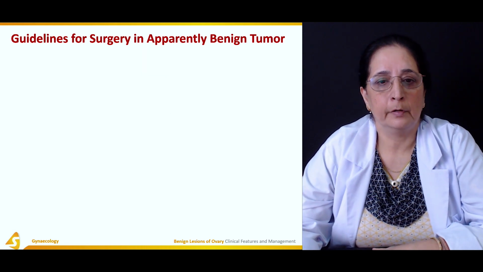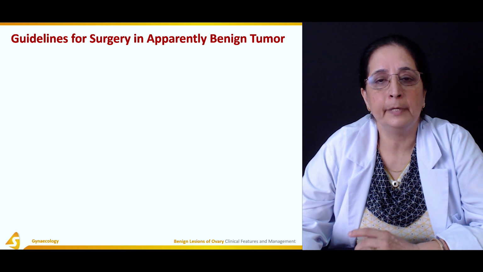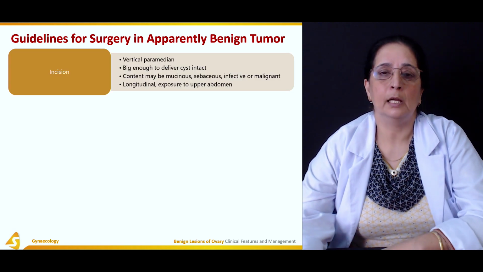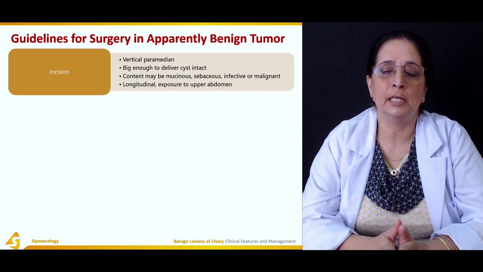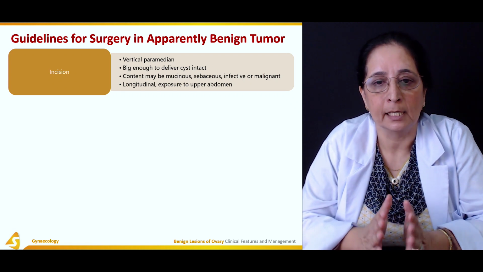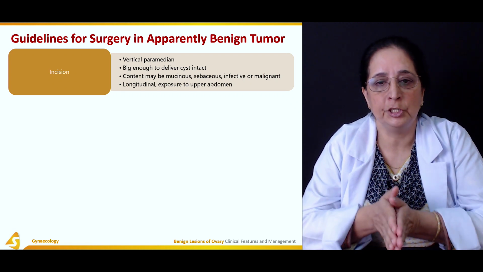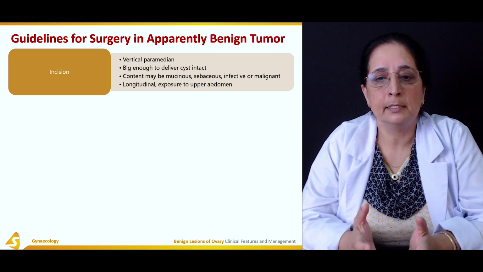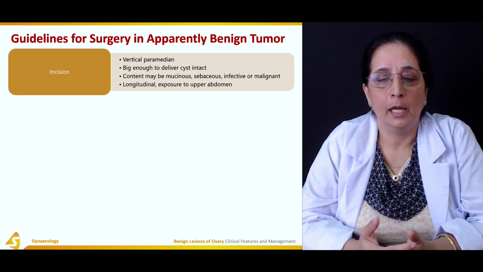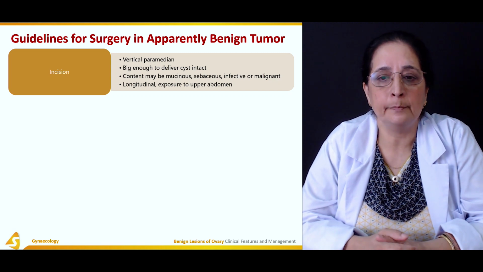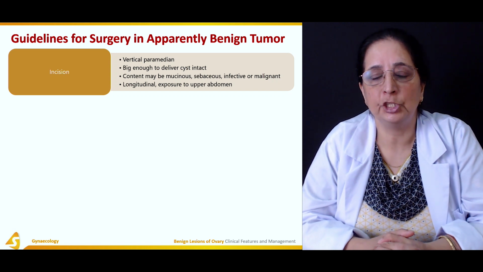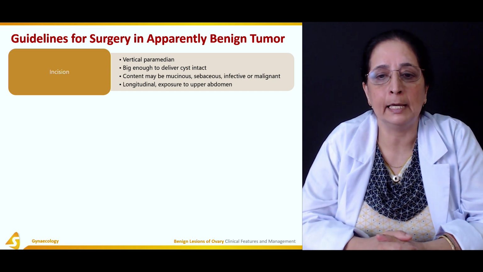Next, guidelines for surgery in benign tumor. First is the incision. Usually the type of incision performed is vertical paramedian. A vertical incision is done, usually big enough to remove the cyst intact. The content of the cyst may be mucinous, sebaceous, infective, or malignant.